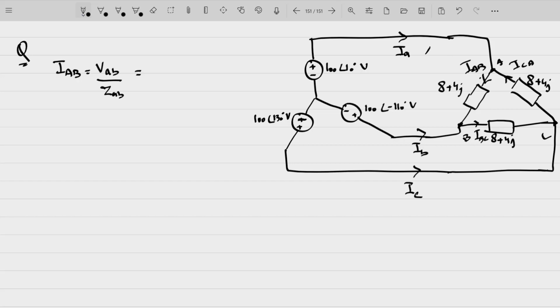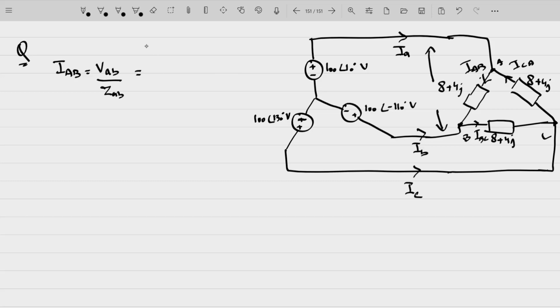So it is the voltage across this and this. In other words, you can simply say it is 100 angle 10 degrees minus 100 angle minus 110 degrees. You can either use this, or you can simply calculate it by subtracting VA minus VB, or you now know generally what is the case.